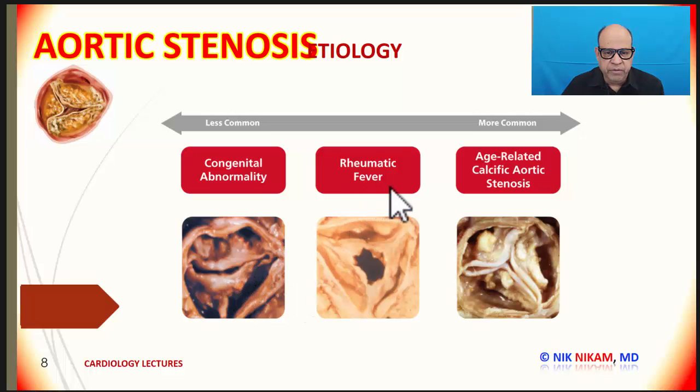Whereas with rheumatic fever, there is a fusion of the commissures, and there is also evidence of a lot of fibrosis and inflammatory changes in the leaflets. In the age-related calcific aortic stenosis, we see a lot of thickening of the leaflets with heavy calcification and fibrosis, with again fusion of the leaflets, resulting in a very narrow hole in the center.